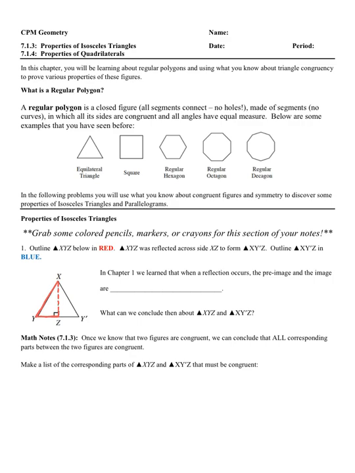This triangle XYZ was reflected across side XZ to form triangle XY prime Z. We are going to outline this new triangle, the reflected image, XY prime Z, in blue.